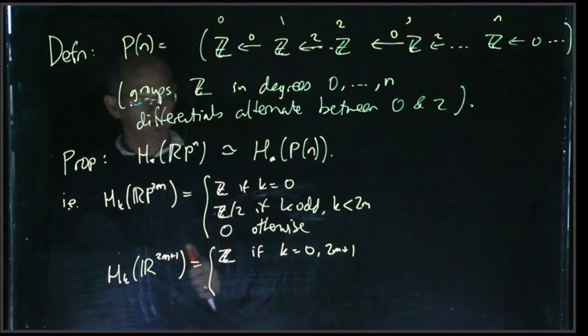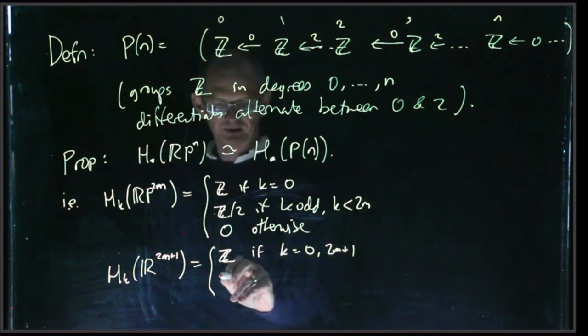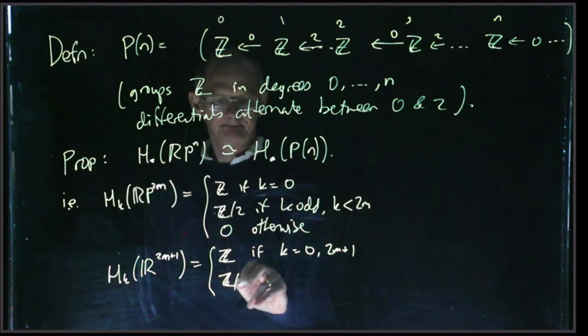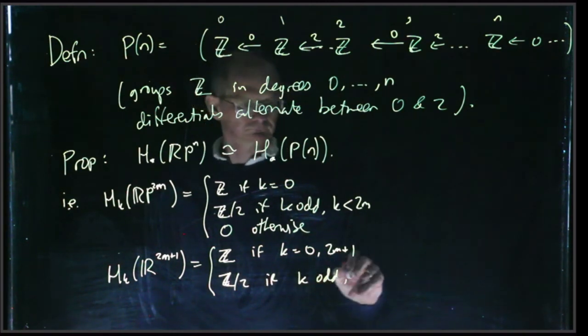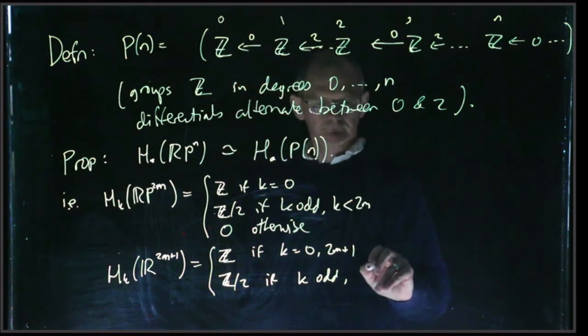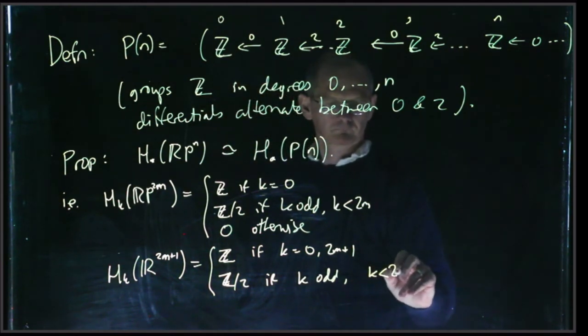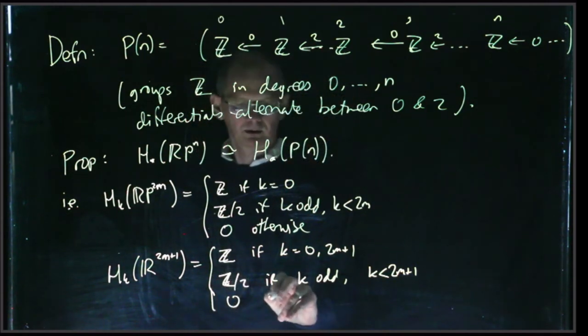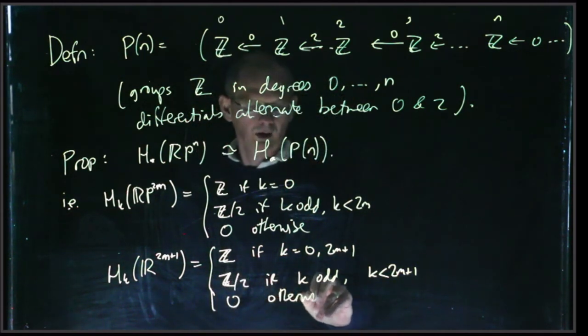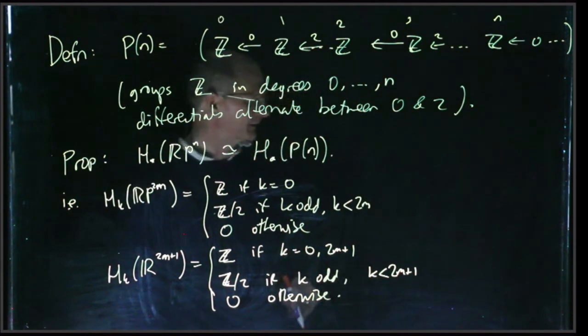You've got k is 0 and k is 2m plus 1. You get Z's, and you get some Z mod 2's as well. And then you get some zeros.